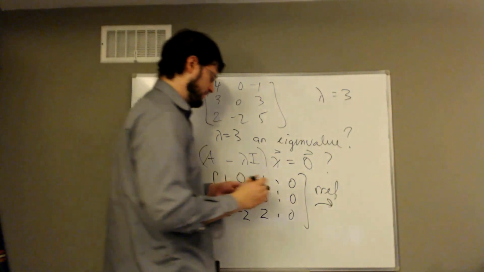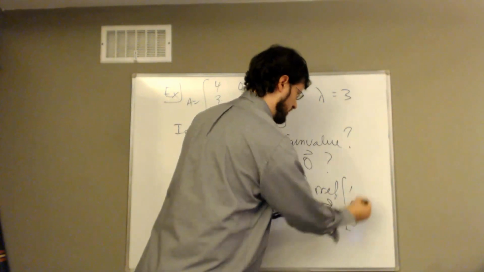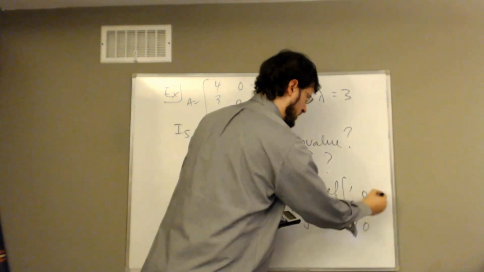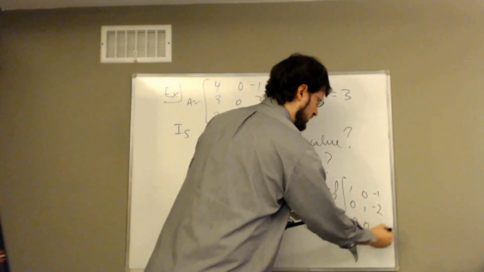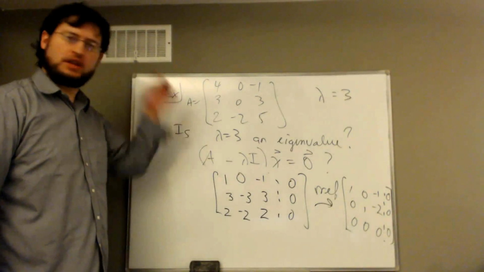Okay, and so what we get is 1, 0, 0, going down, 0, 1, 0, minus 1, minus 2, 0, 0, 0, 0. So this is our reduced row echelon form.